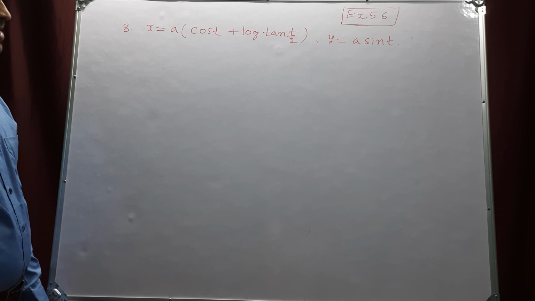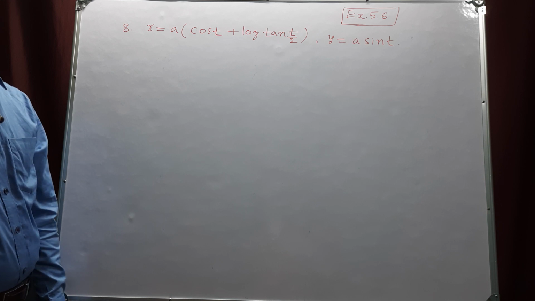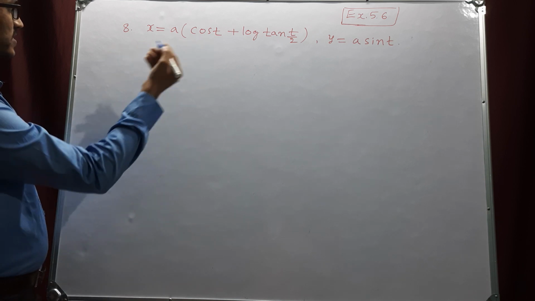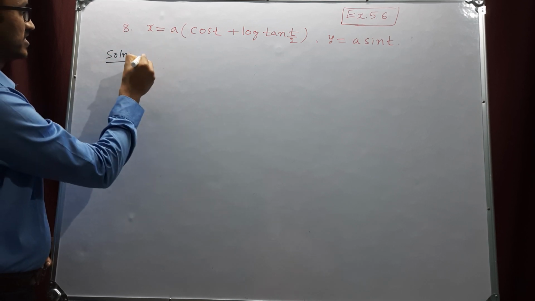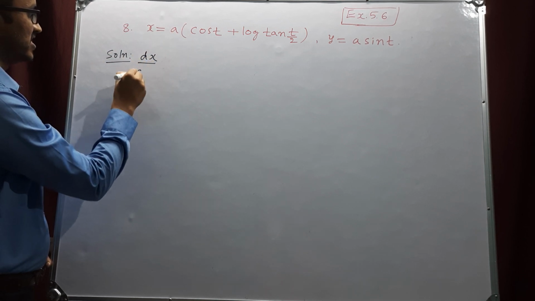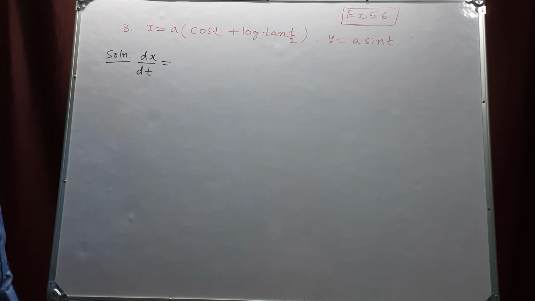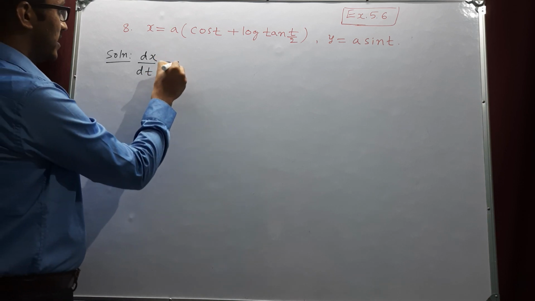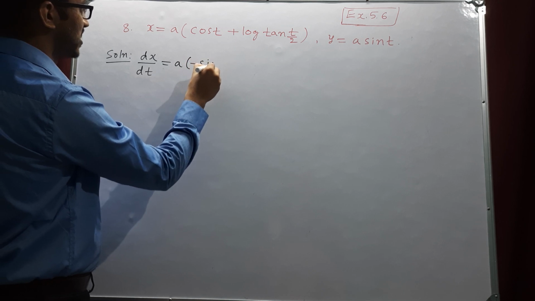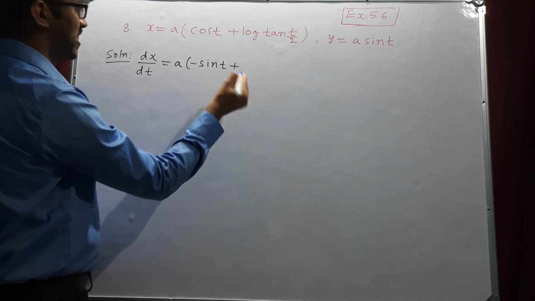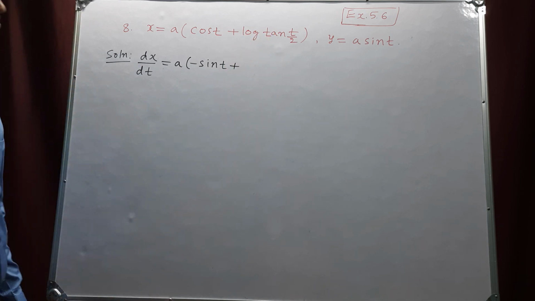So as we know, dy by dx can be written as dy by dt by dx by dt. So let us find dx by dt. So x is equal to this much. So differentiating with respect to the parameter, here the parameter is t. So a is constant, differentiation of cos t is minus sin t, plus differentiation of log tan t by 2.